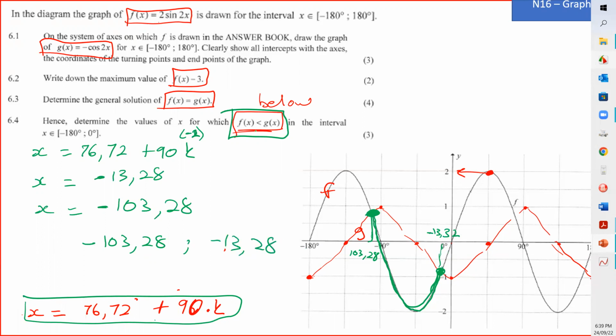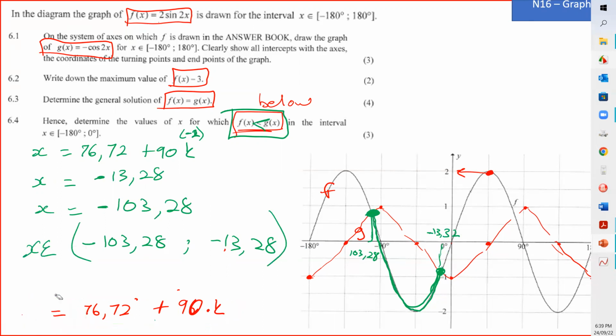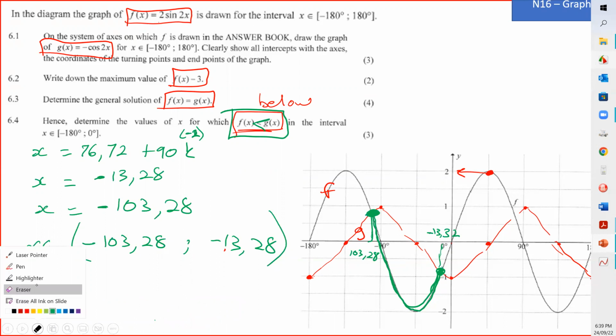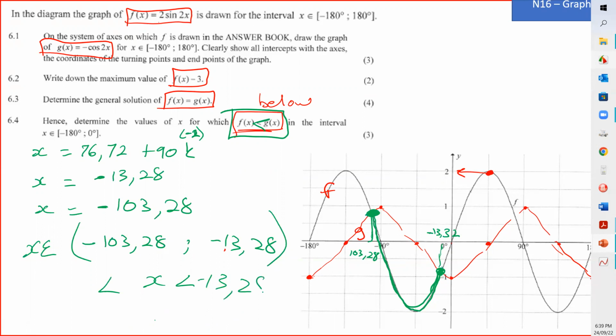And it said, when is it less than? So there's no equal to sign, so we'll use an open bracket and say x is an element. And I know some of you want to know, can we write it in another way? Most definitely. In set builder notation, we could have said minus 103.28 less than x less than minus 13.28.